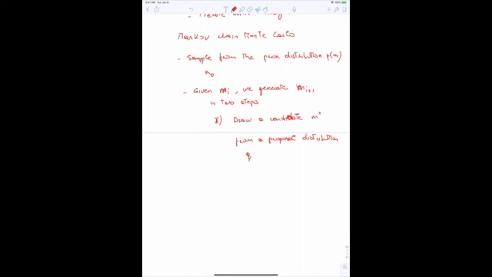I'm going to call this distribution Q, which is a conditional distribution of M prime given Mi. Well, let's call this one here M nu. Now, in step 2, I'm going to accept the new solution with some probability.